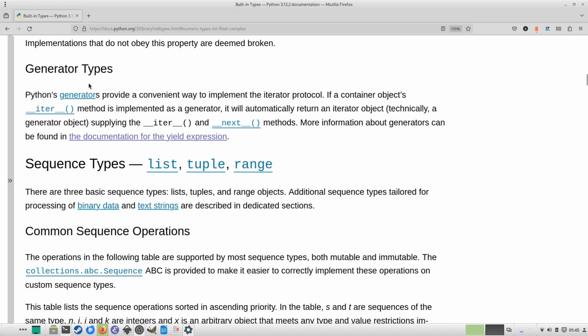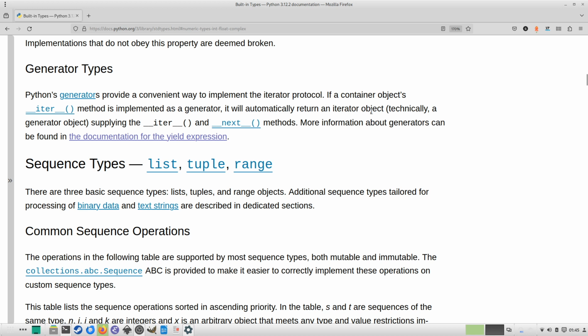So we will study next generators and then we will stop. Python's generators provide a convenient way to implement the iterator protocol. If a container object's __iter__ method is implemented as a generator, it will automatically return an iterator object. We have also studied generators when we were studying the yield keyword earlier in the language discussion.